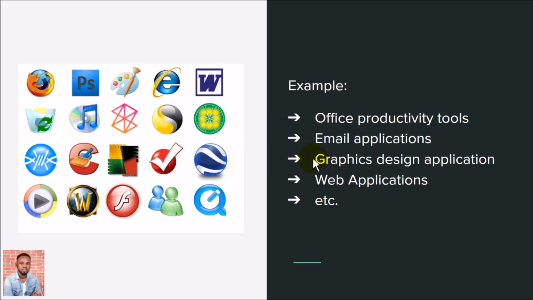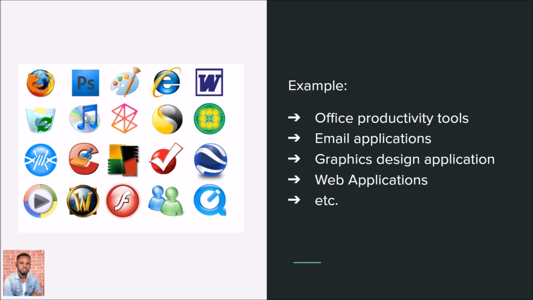You have office productivity tools. Office productivity tools is whereby your word processing tools can come in, your presentation tools will come under office productivity tools. Also your spreadsheet software is going to come under office productivity tools. Video conferencing tools like Zoom, which can be used to host meetings in an office setting, can all be classified under office productivity tools.